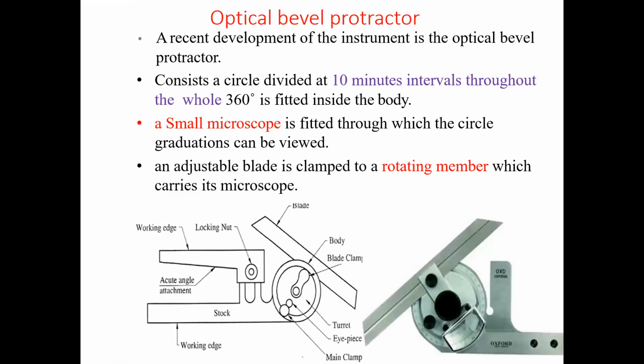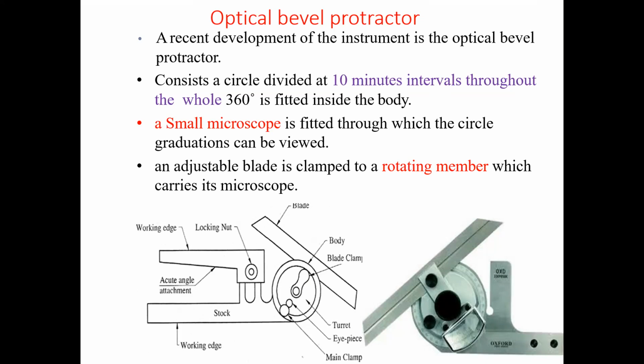Optical bevel protractor. We have already discussed the vernier bevel protractor. With the vernier bevel protractor, you can measure angles up to 5 minutes, but with the optical bevel protractor, you can measure angles with 2 minutes accuracy.